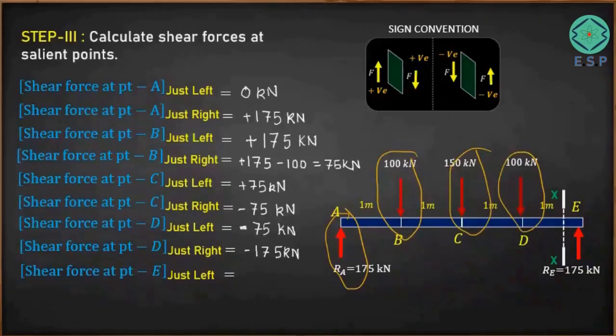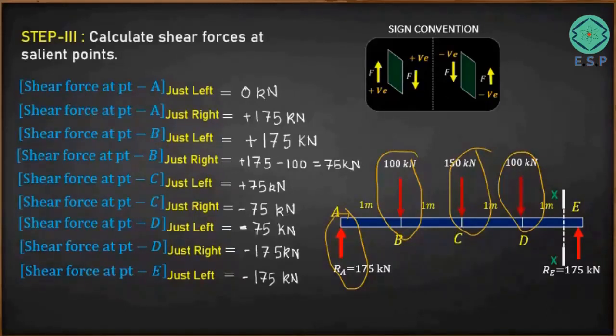These four forces are covered. There is no other force that has come into the picture, and the addition of all these forces has given us minus 175. In the previous case also it was the same, so it will be minus 175 kilonewton.